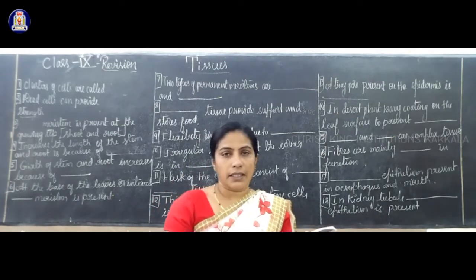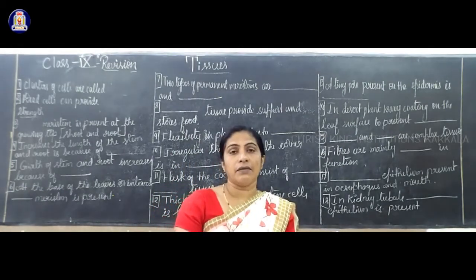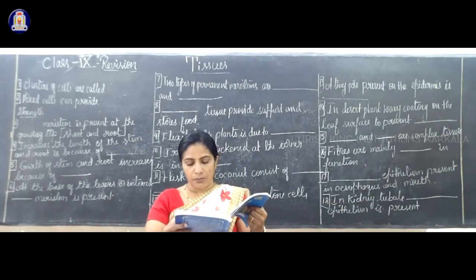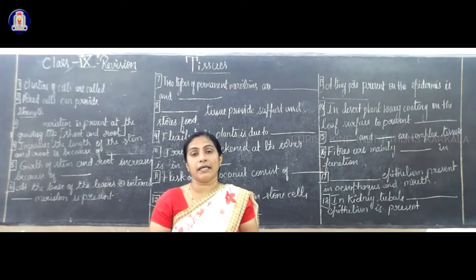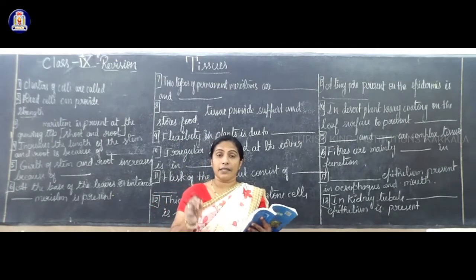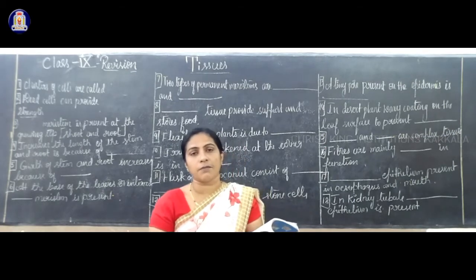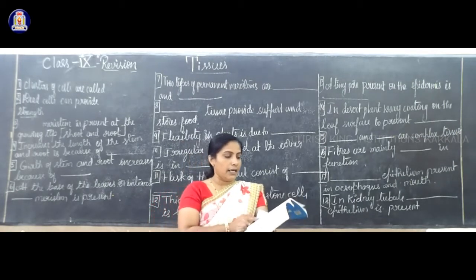Go through the diagram, and sometimes they give an arrow mark. Narrow lumen, lignified thick walls. Give the reason why it is lignified: the thick walls are because of lignin.